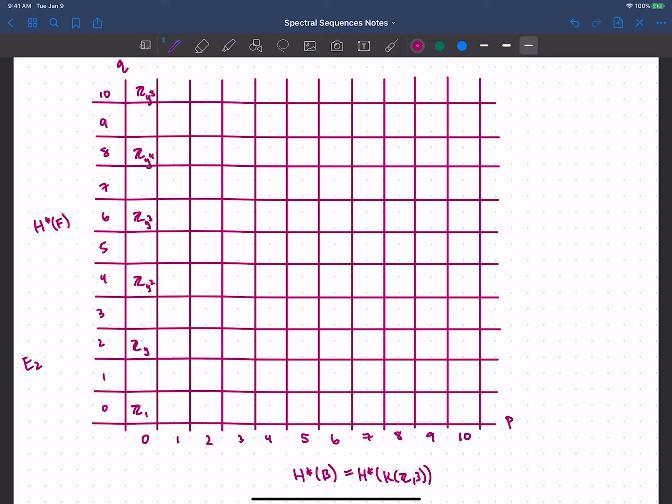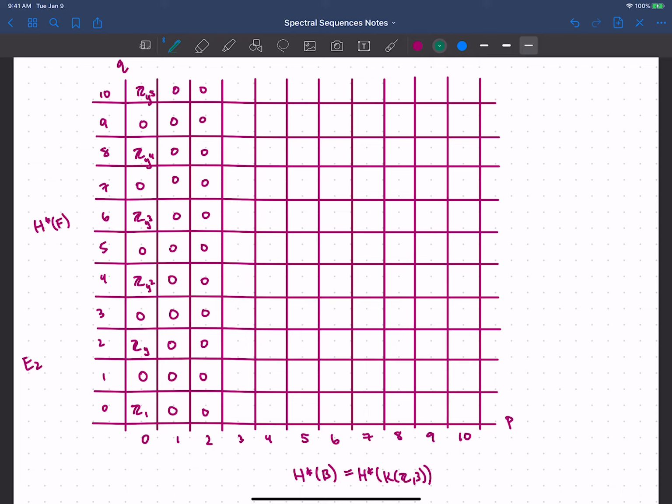Then we've got zeros in between. And we talked about how KZ3 is 2 connected, so I have zeros here, and that means I can fill this all in with zeros. So we immediately know the first 3 columns of our spectral sequence. And now we'll get to work.